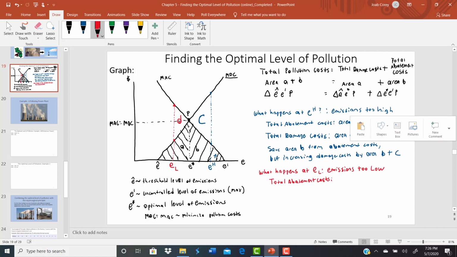Remember, our abatement costs are the area under the marginal abatement cost curve at the number of emissions that we're talking about.